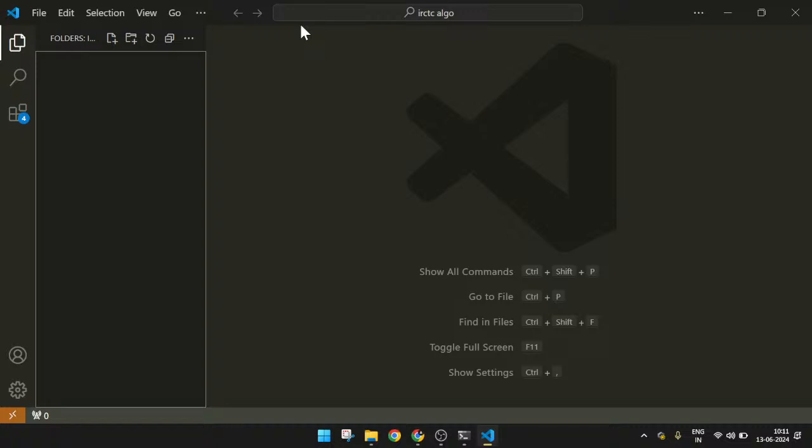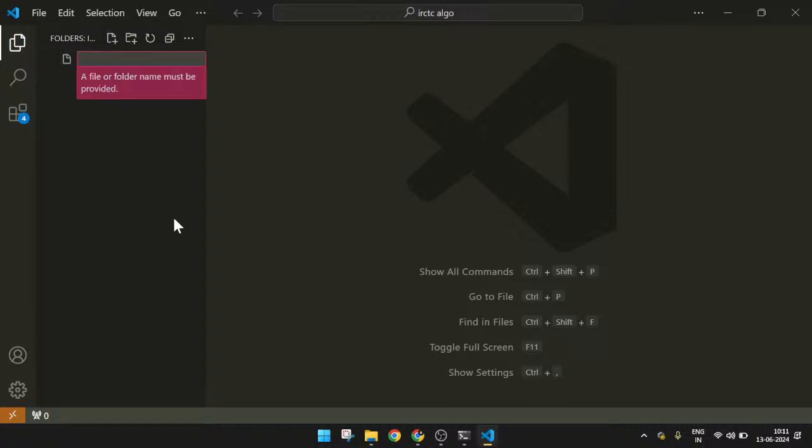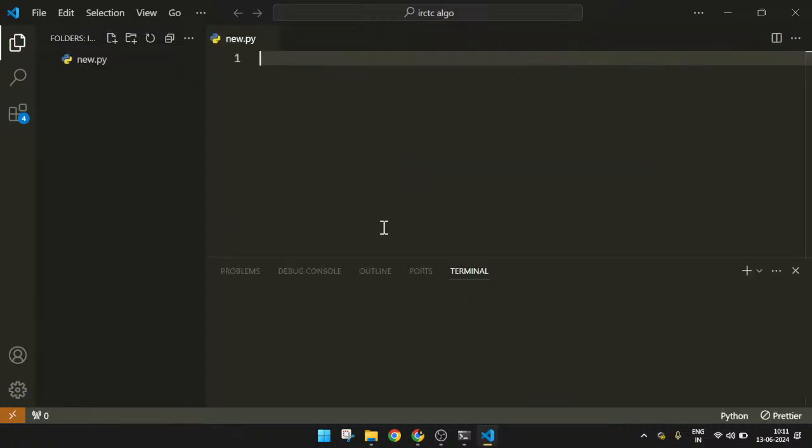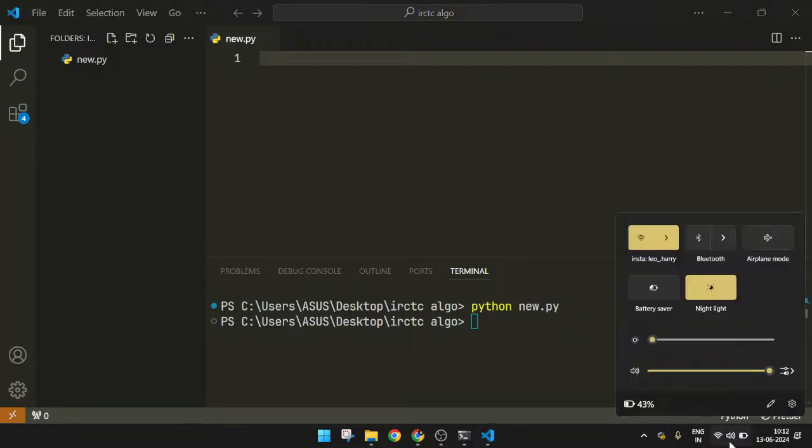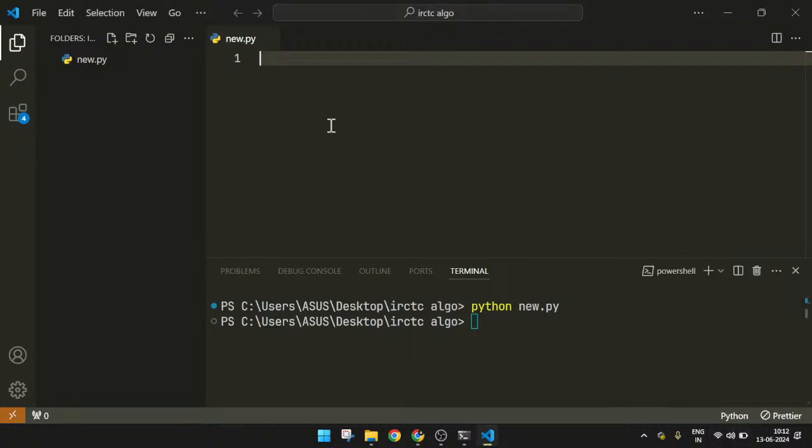Nice, it's gone. Okay, let's use Python. new.py as usual. Then let's create a terminal and run python new.py. Nice.